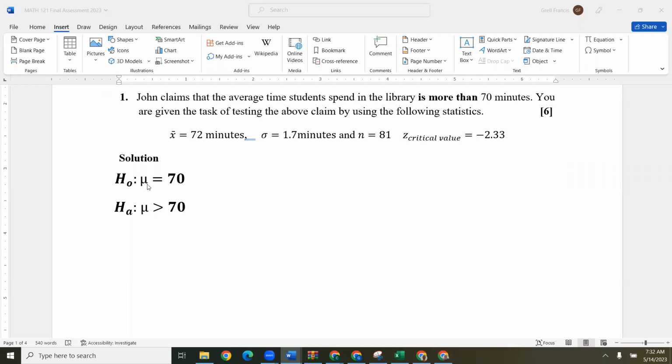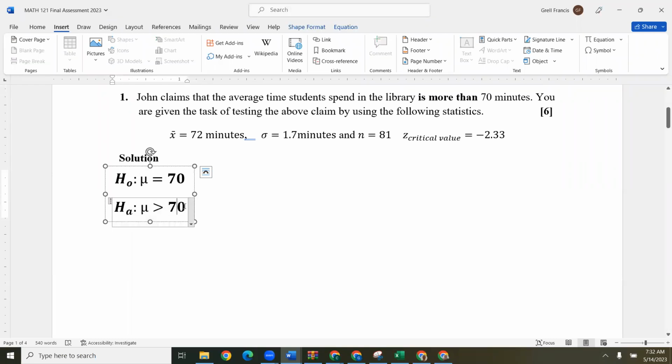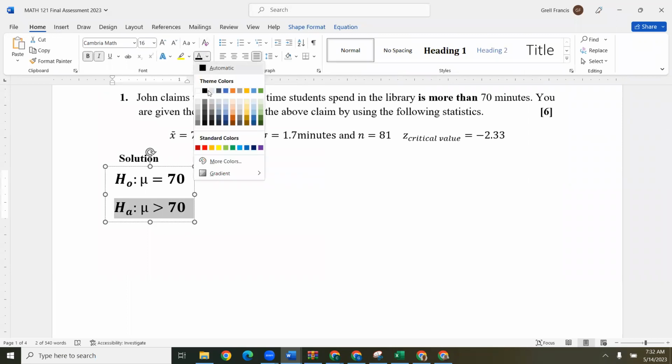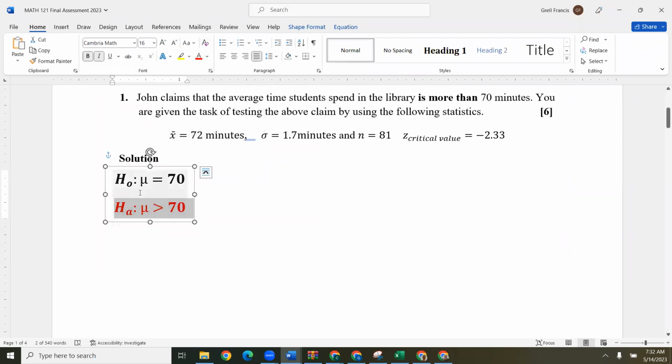So we have steps numbers 1, 2, and 3: the translation of the claim to symbolic form, identifying it as an alternative, and the completion of the pair of hypotheses. For the null, you can just put equal as common practice, and the pair has been completed.